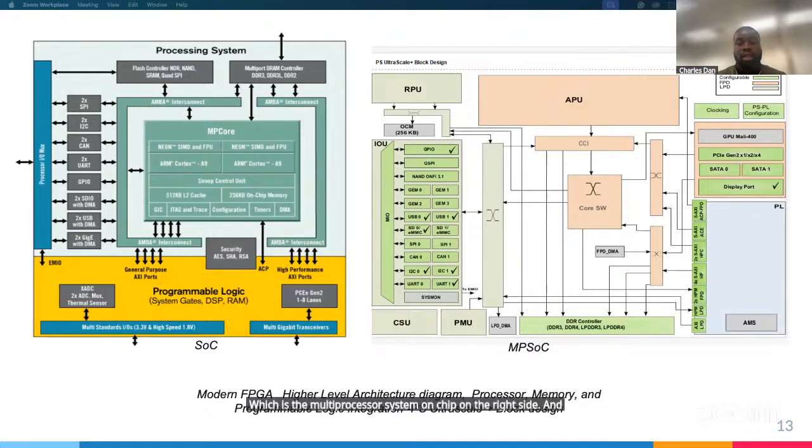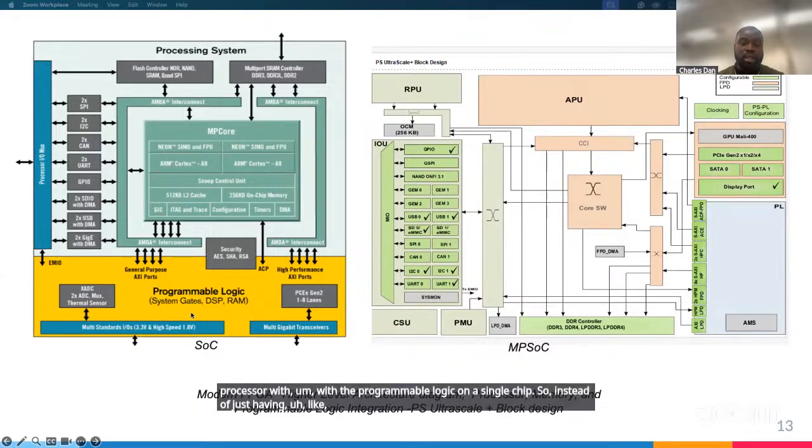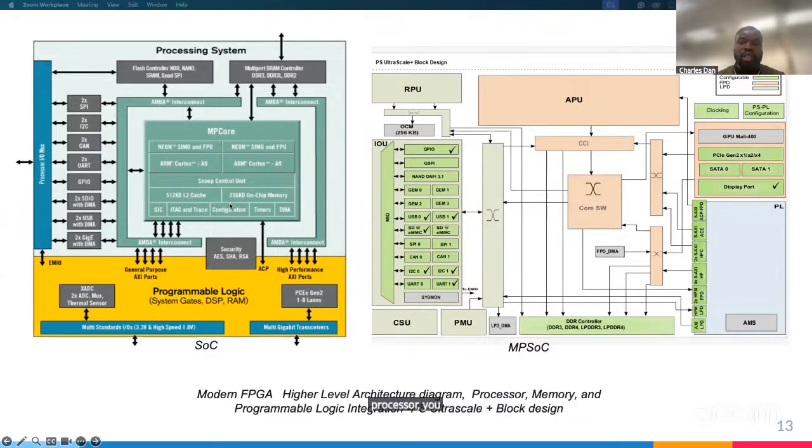On the left, the Zynq combines a dual Cortex-A9 processor with programmable logic on a single chip. So instead of just having a separate processor, you can combine it with the PL, which is the FPGA itself. That's the one in yellow.